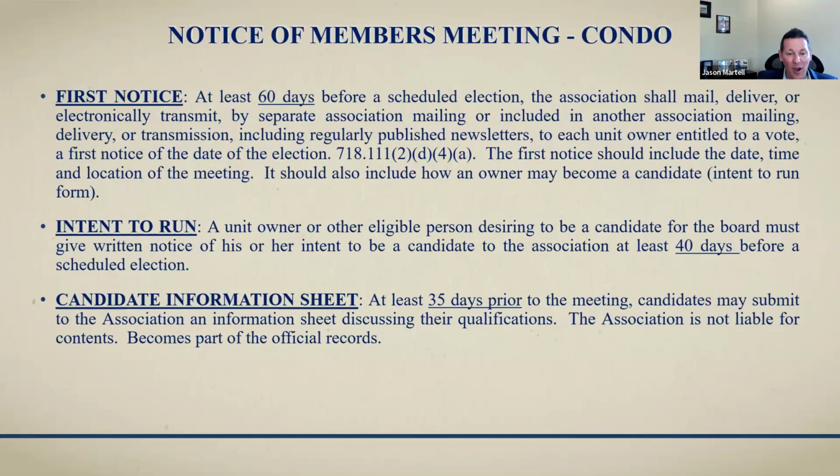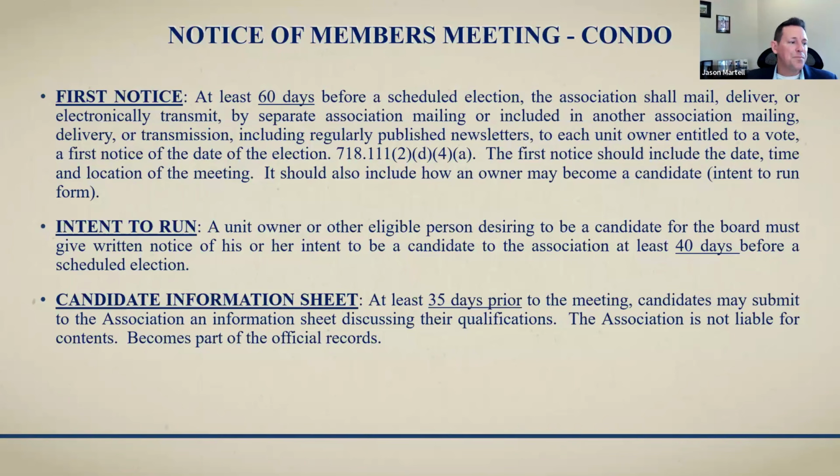And reasons why you may not be eligible are a felony conviction where your civil rights haven't been restored, a monetary obligation owed to the association, etc. They can't make life totally easy on us, so they have to just give us more dates to remember here. But then if you move down to the third bullet point, you say that at least 35 days prior to the meeting, this is where a candidate can submit their candidate information sheet.